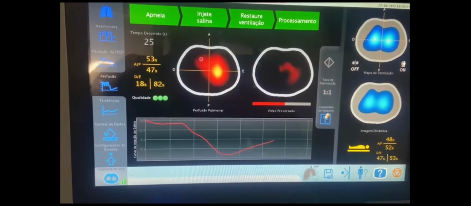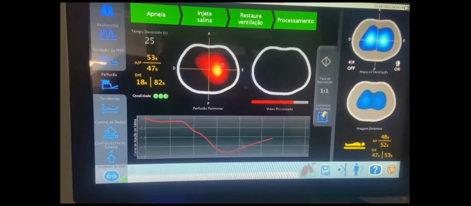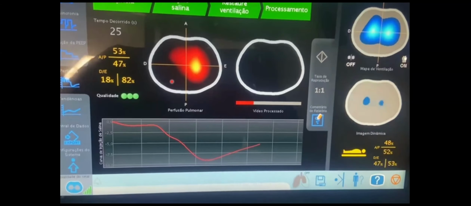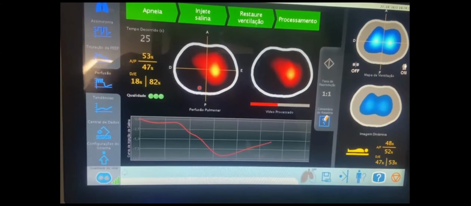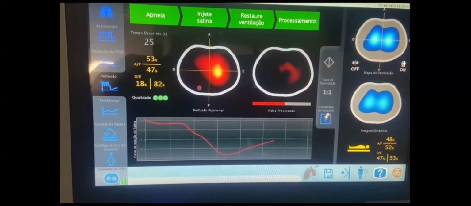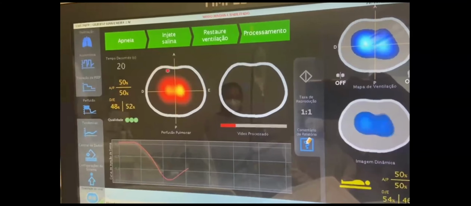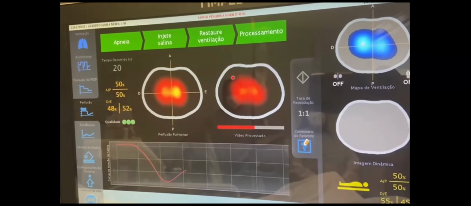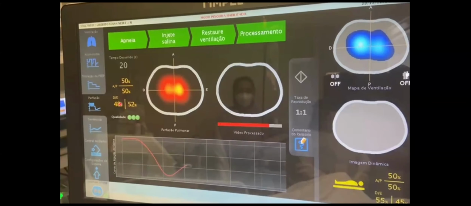This is a patient with pulmonary emboli in our unit, and we can see that the perfusion was completely blocked in the right lung. This patient was very sick, and we decided to do thrombolysis. After thrombolysis, this is the new map, it is already bilateral, but you can see that it's bilateral with some delay, but it's still a reasonable perfusion in the right lung.